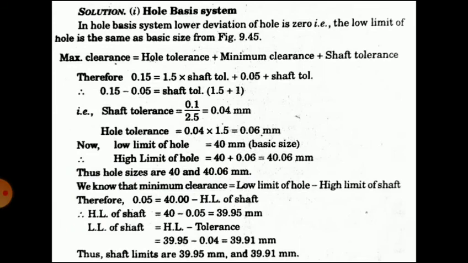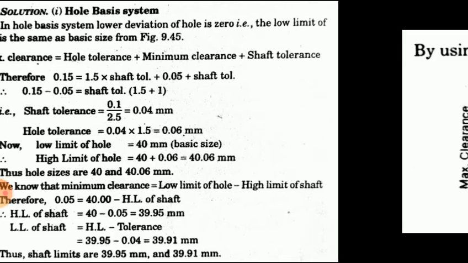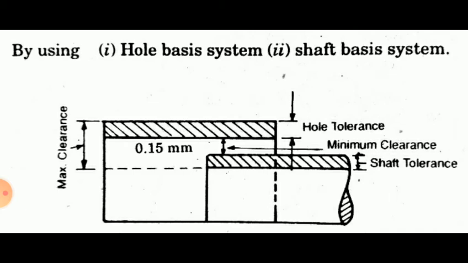Now the maximum clearance will be equal to hole tolerance plus minimum clearance plus shaft tolerance. You can see in the diagram, the maximum clearance will be equal to the hole tolerance, on the right hand side, plus the minimum clearance and the shaft tolerance.